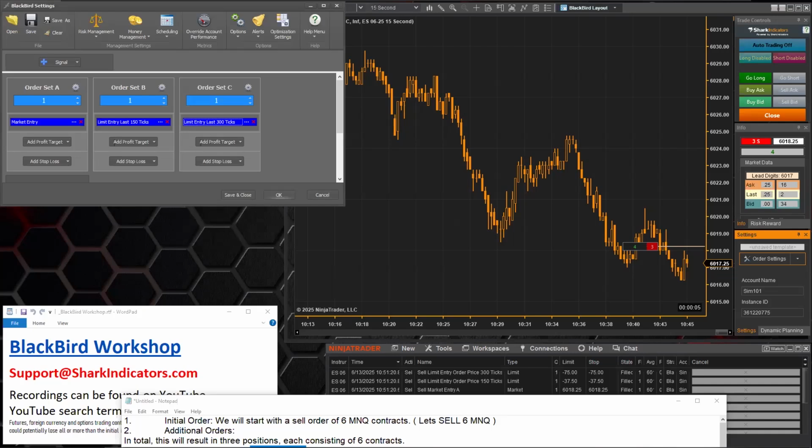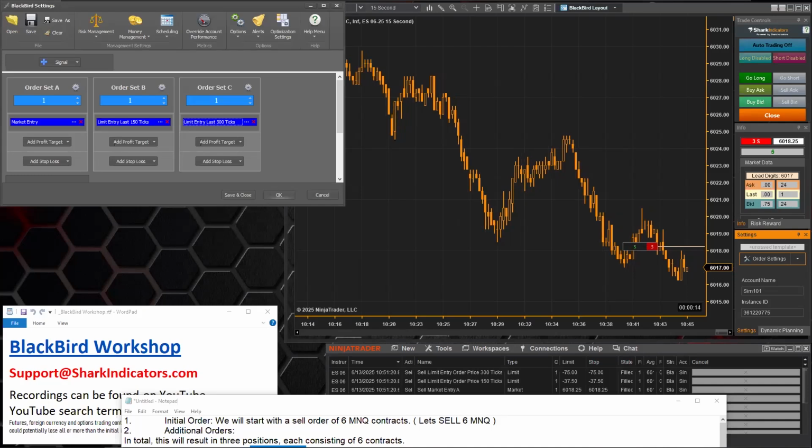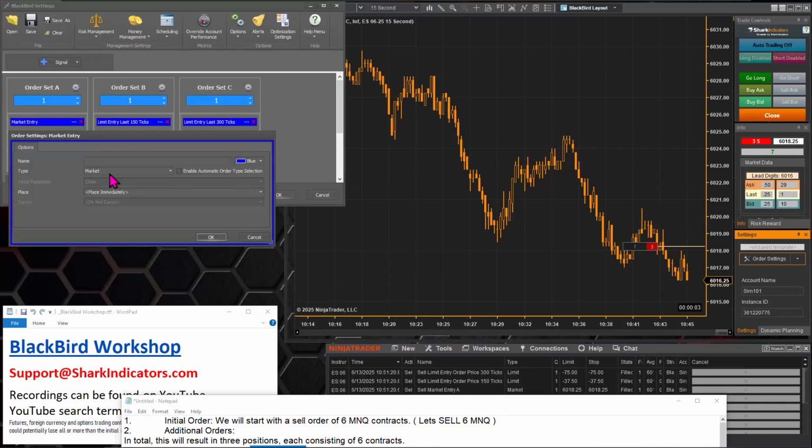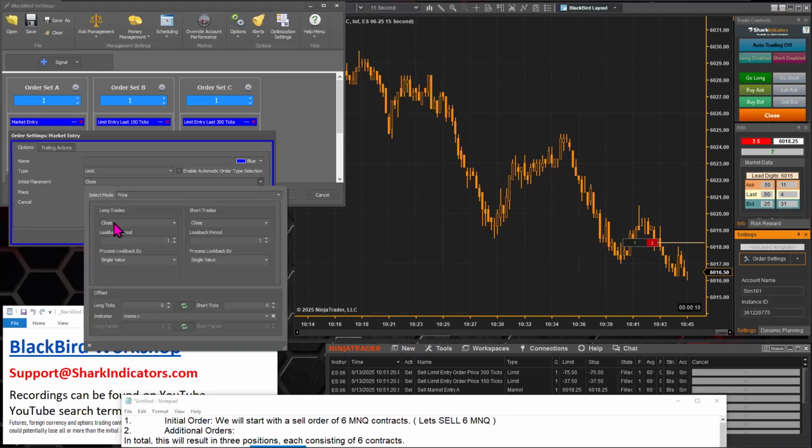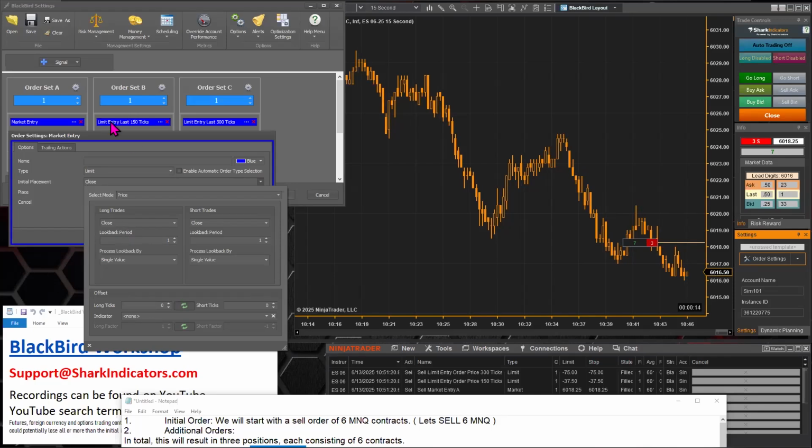So actually, let me see if Vicus has any comments here for me. No, okay. So if this first entry actually was something other than a market, if it was set to a stop or a limit, and we actually had a bar price that we're basing our entry order on, then there'd be no slippage.